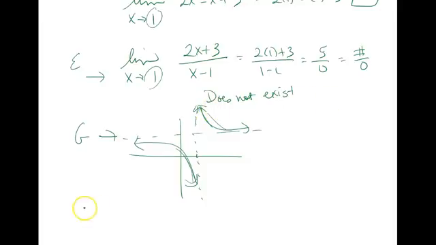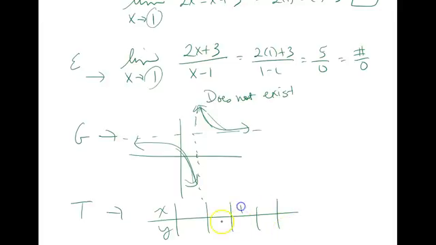If they wanted you to do a table of values, what you could do is go to the table function of your calculator and plug in values close to 1, like maybe 0.99, 0.999, and then on the other side of 1 we'd have 1.001 and 1.01.